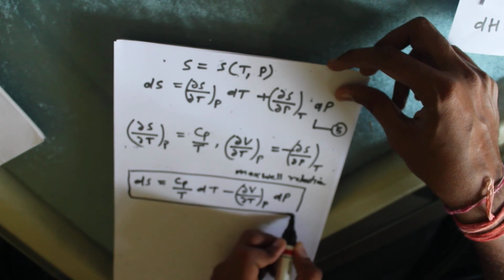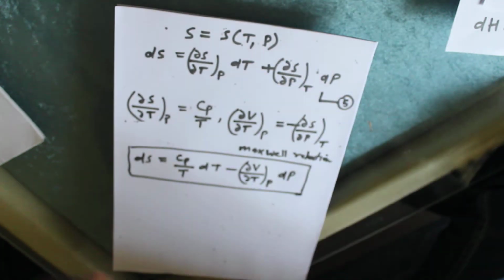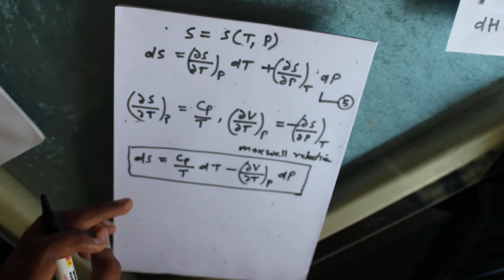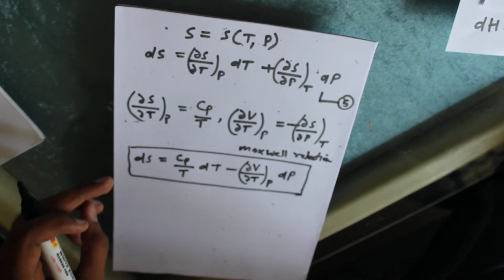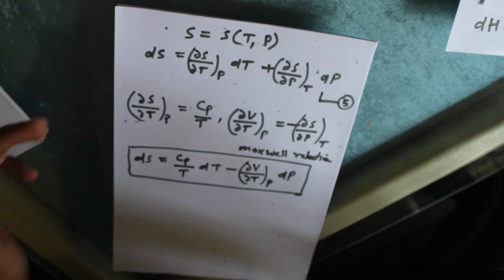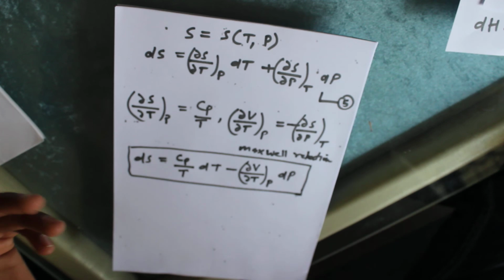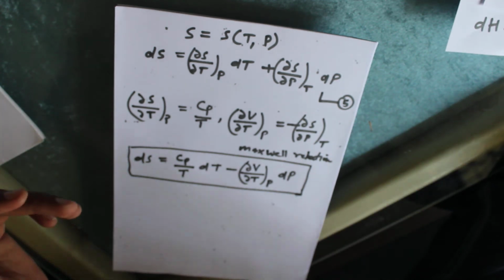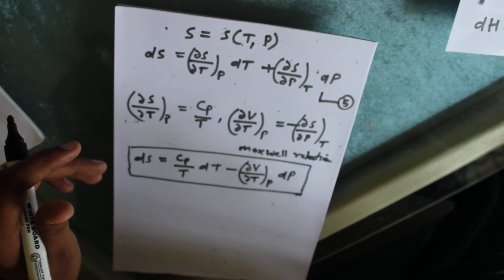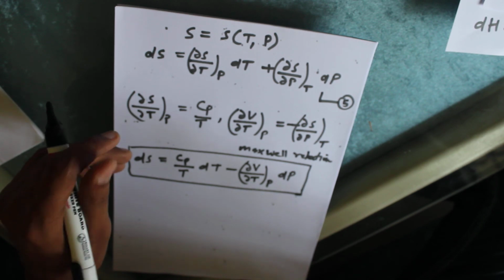So in this way we can derive relations to calculate the entropy, which is a function of temperature, pressure, volume terms which are easily calculated. So these are a few examples in which we use Maxwell equations to derive important relationships. There can be other examples you can do by yourself.